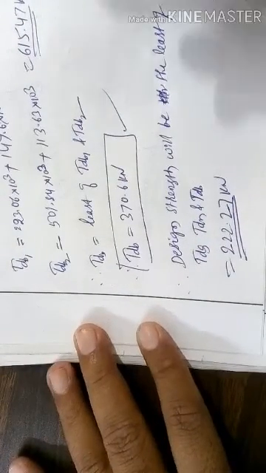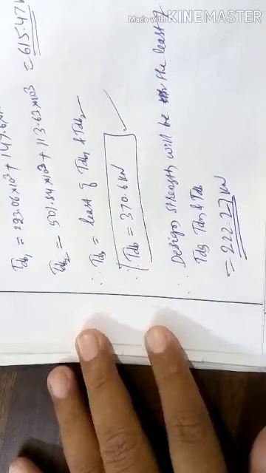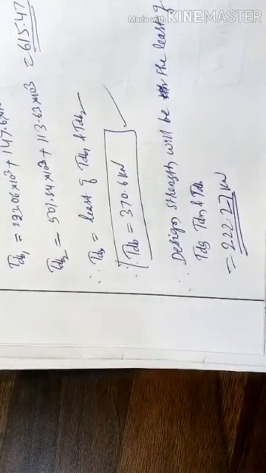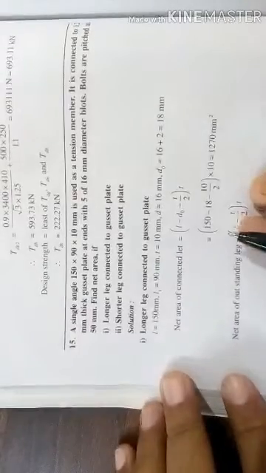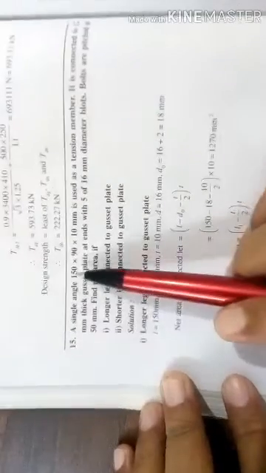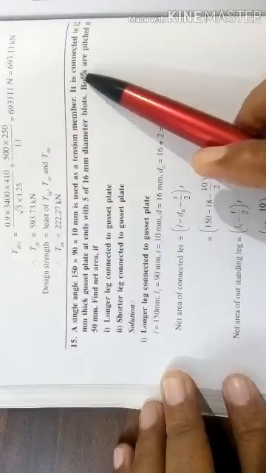So please practice these kinds of problems and understand them. Take this example as homework. A single angle 150 by 90 by 10 mm is used as a tension member.